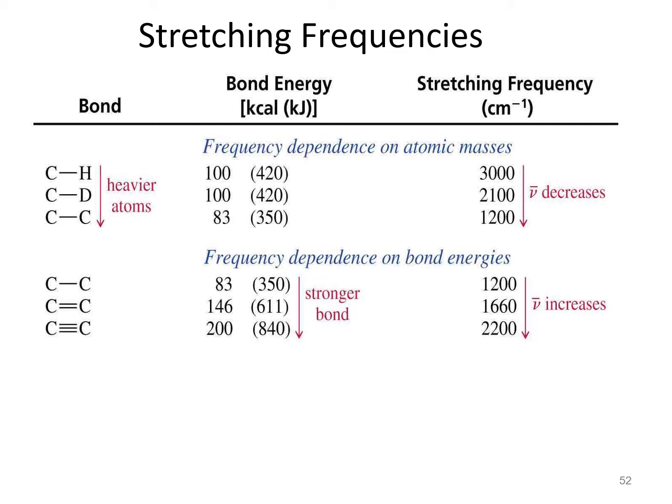And if you notice, as the atom attached to your carbon gets heavier, the bond energy actually goes down. There's really no difference between hydrogen and deuterium. They're very, very similar in mass. But if you look at the difference between the carbon-hydrogen bond and the carbon-carbon bond, there's a fairly decent drop in the frequency of the bond energy.